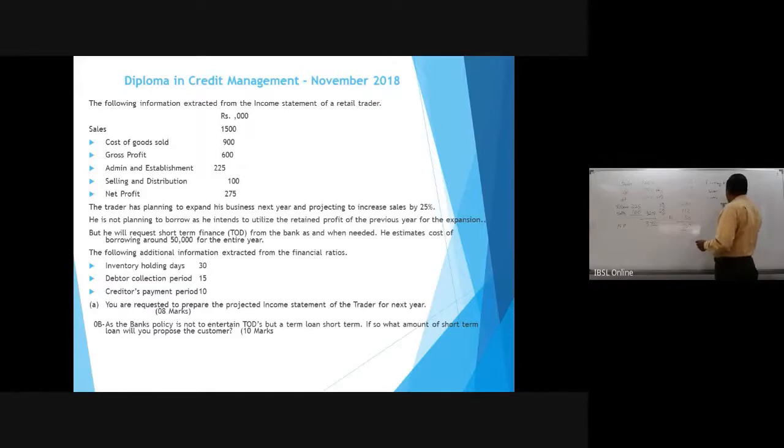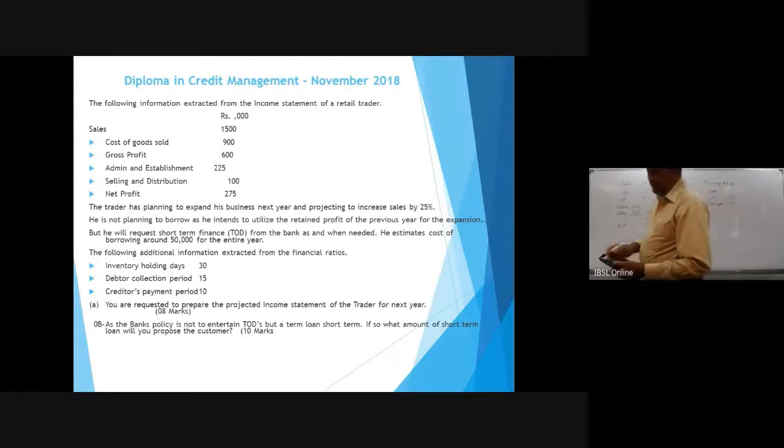So what is the cash cycle? Cash cycle is 45 minus 10, 35. Cash cycle is 35.